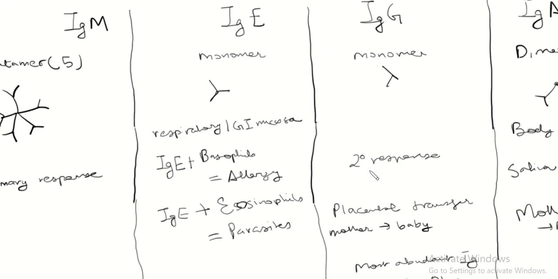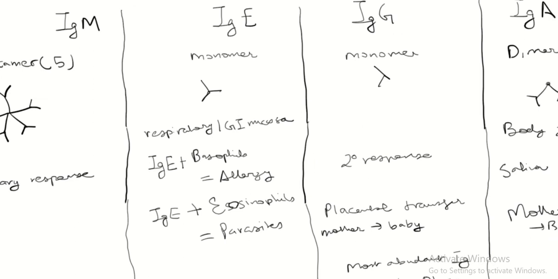So it's interesting: while the baby is within the womb, mama can give it the adaptive immunity that she has developed. The baby can have it. So that's one of the ways that IgGs work.